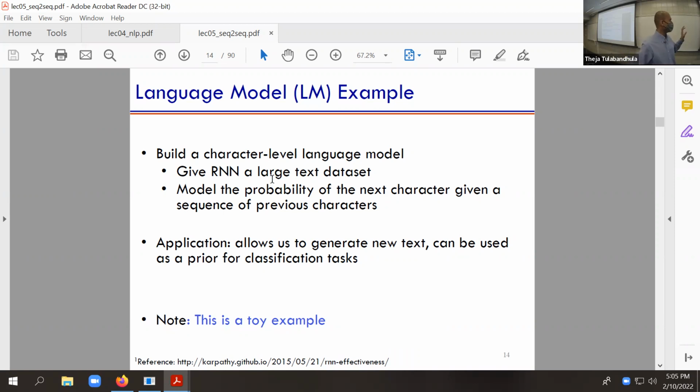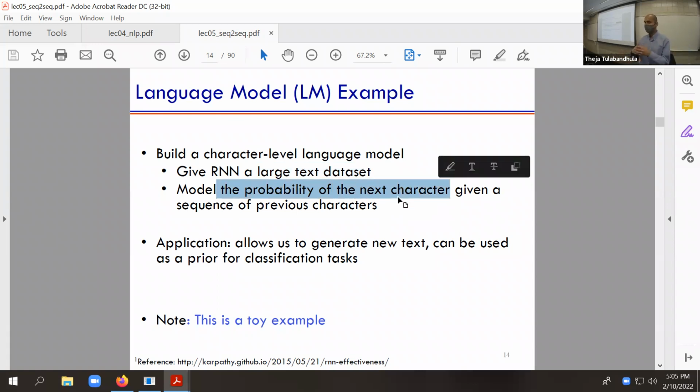So for simplicity, let's think of a character level language model, so that it's easy to illustrate the points. Character level is not at the level of a word, but at the level of a single character in the English alphabet. How do you build such a language model? We're talking about an application here, just to get a better sense of the RNN model. You have a large text data set, and you want to predict the probability of the next character given the sequence of previous characters.